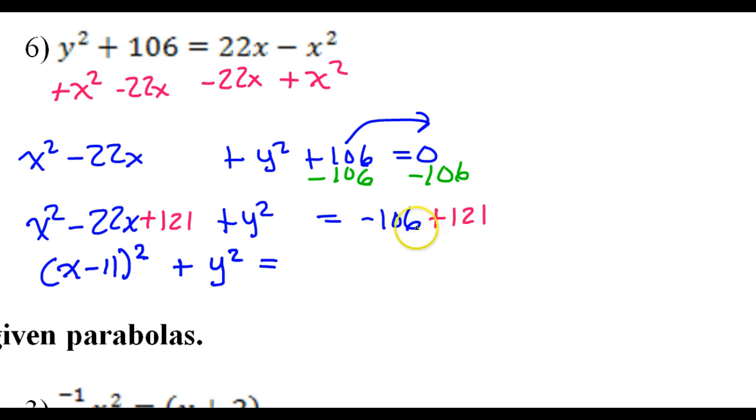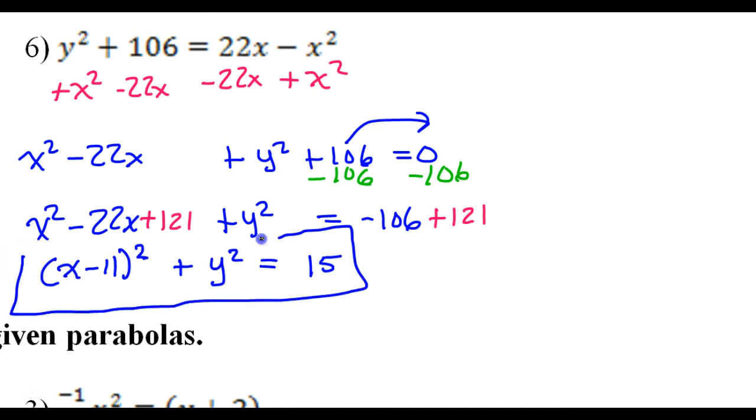And on the other side, so what's that, like 15? Yeah, so that's it. This is the equation in standard form. Notice if I asked you for the center, you would say (11, 0), and the radius would be radical 15. Here endeth the lesson.